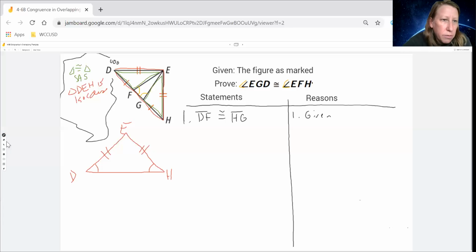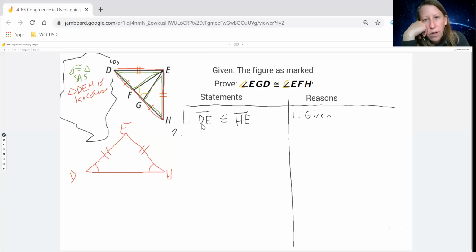You know what? I'm changing my mind. I want to do the other sides first. I want to do side DE is congruent to side HE, which is given.